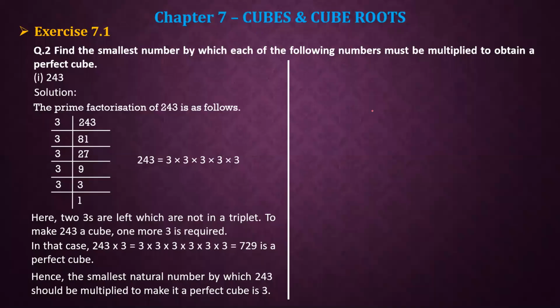In the second example, the number is 256. Actually this 256 is a perfect square, but it is not a perfect cube. According to our question, we have to find one particular smallest number by which we multiply this number, which makes it clear that the given number is not a perfect cube.